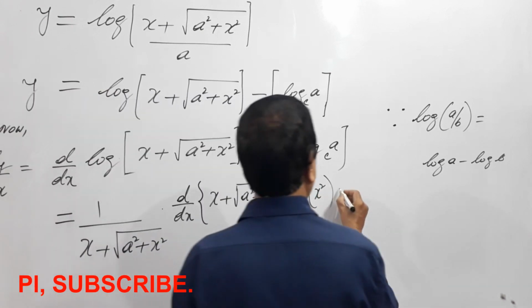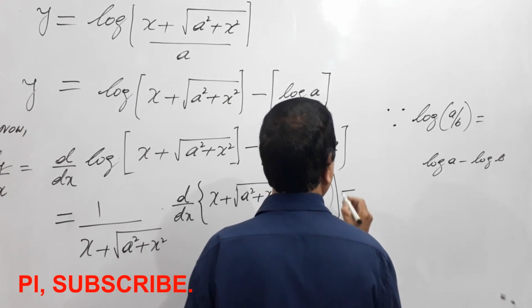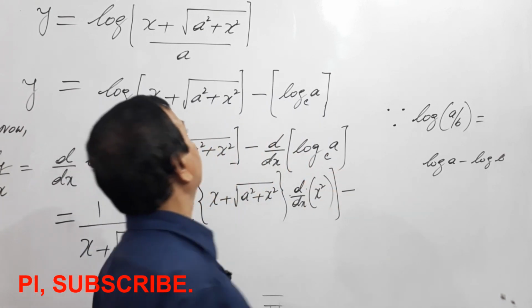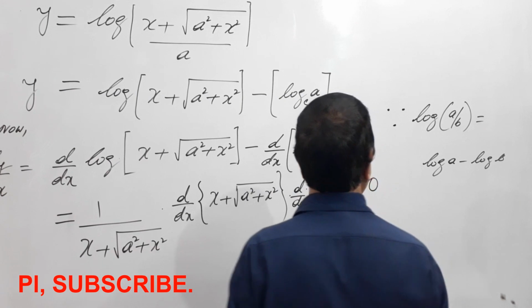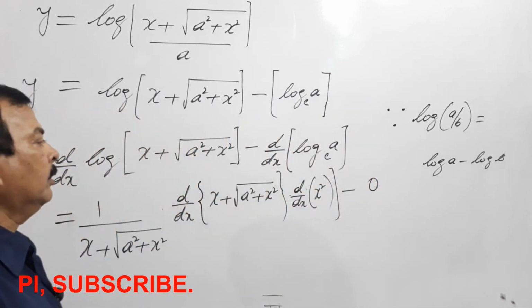So minus d by dx of this, which becomes what? A constant, that is 0.